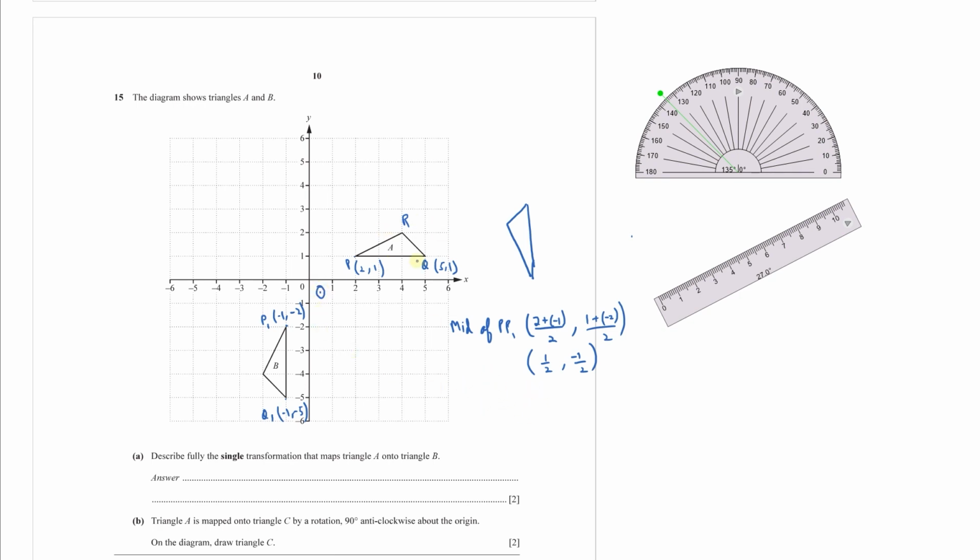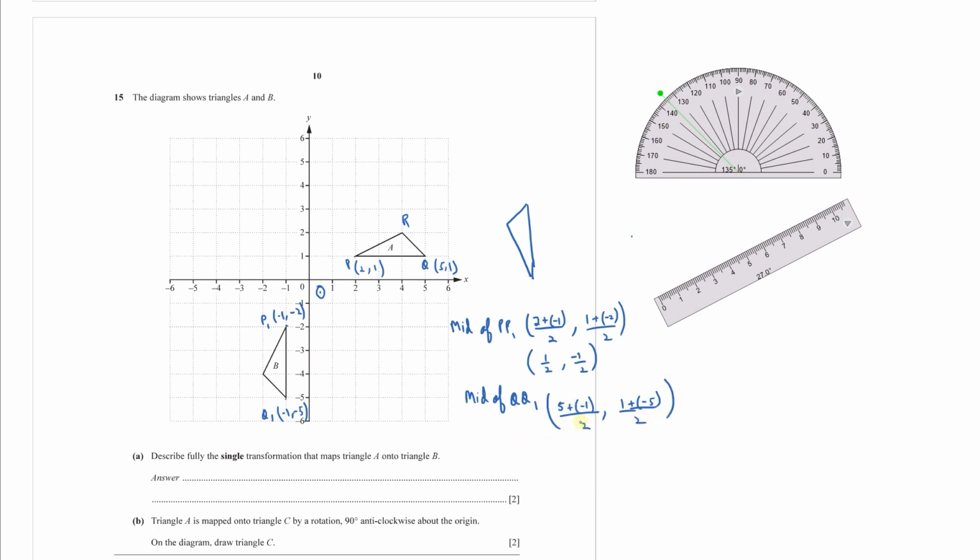Now let's find the midpoint of Q and Q1. Again, we add the x coordinates 5 and -1, and divide by 2 to get the mid x coordinate. For the mid y coordinate, I add the y coordinates 1 and -5, so 1 plus -5 whole divided by 2.